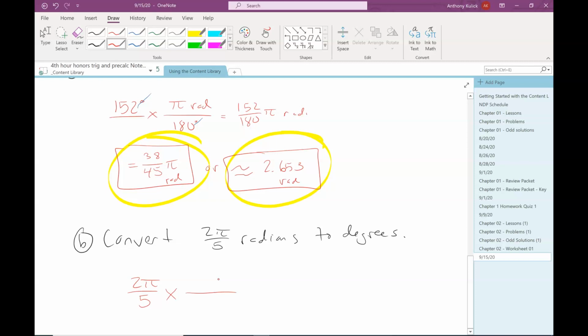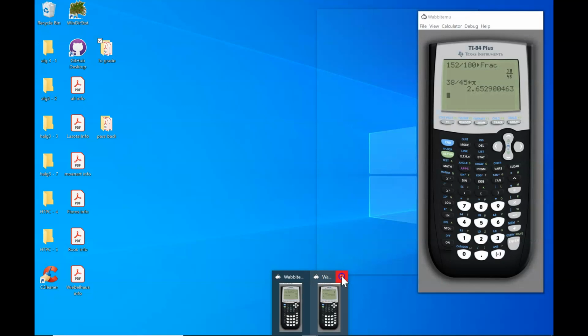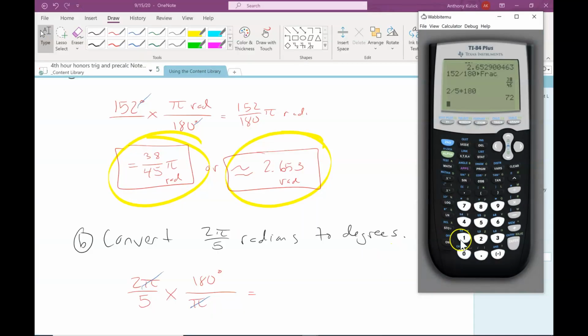Where should the pi go in my conversion factor, the numerator or denominator? Denominator. So the pi's cancel out, and I'm just left with 2/5 times 180 degrees. When I do that, I think I get 72. Yeah.